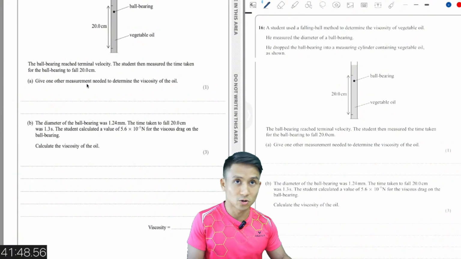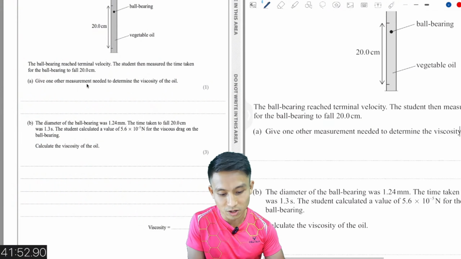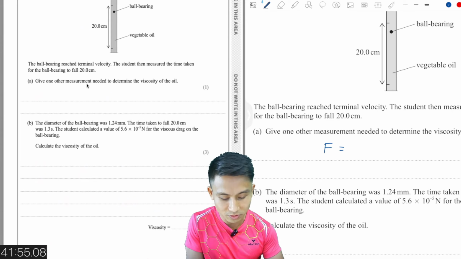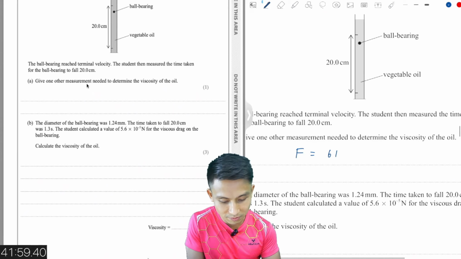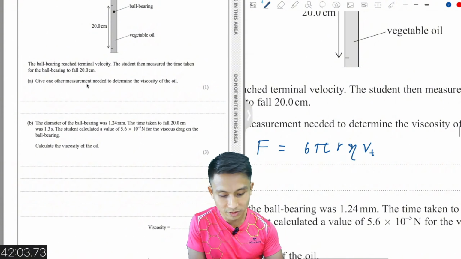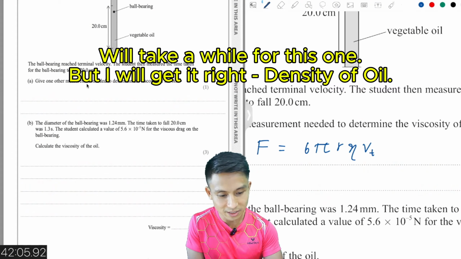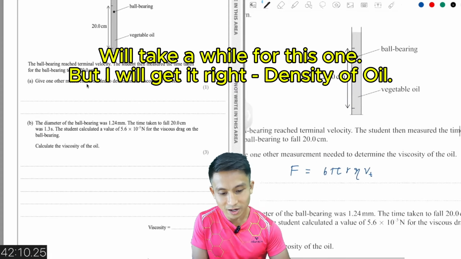Okay, so in the Stokes law, F equals, I need to recall the formula there. 6 pi r eta v, where v is the terminal velocity, eta is the viscosity, the Greek letter, and r is the radius.